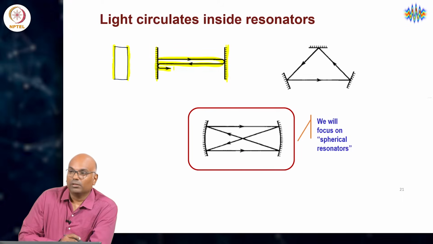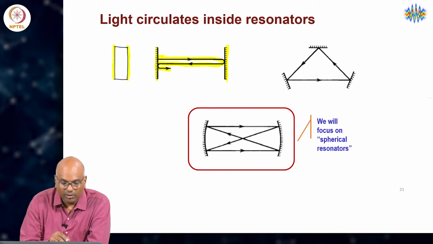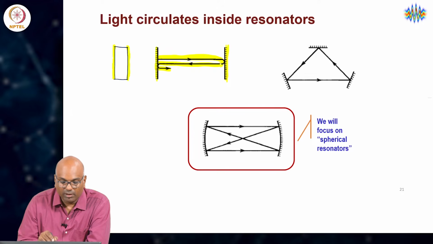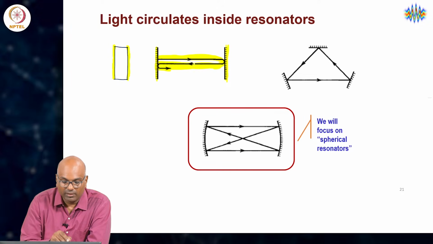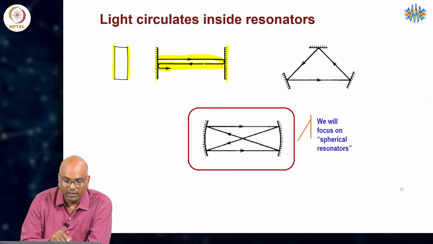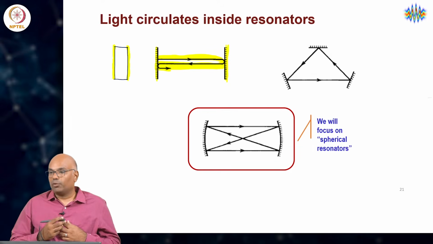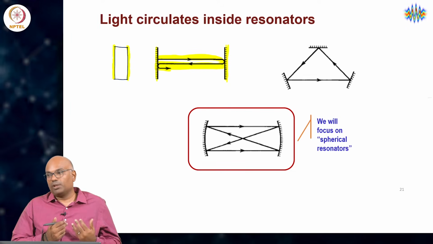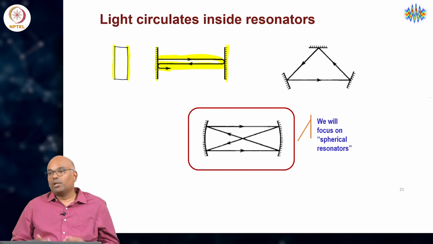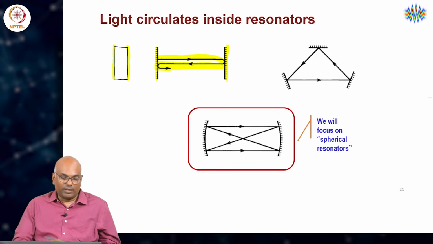Now, if I want to exploit this as a resonator, I want light to circulate inside it. Even if I have high reflectivity mirrors, if I did not arrange things in such a way that light circulated endlessly, notionally at least, back and forth, then I wouldn't be able to carry forward all the discussion about computing the transmittance function, which mathematically was an infinite series. Physically, of course, that is never going to be the case.